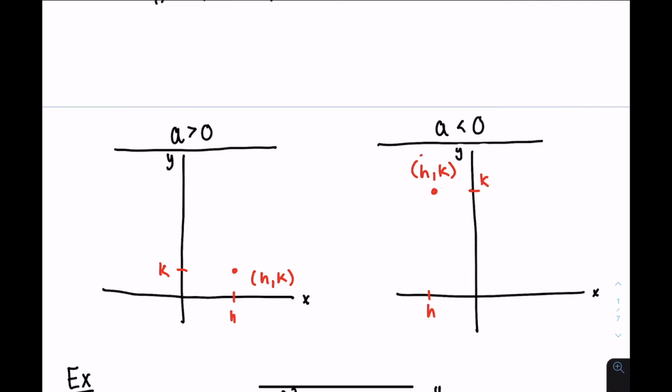So then our axis of symmetry in each of these cases is a vertical line, x equals h. Same thing over here. Here is our axis of symmetry, x equals h. So in both of these, the green line is our axis of symmetry.